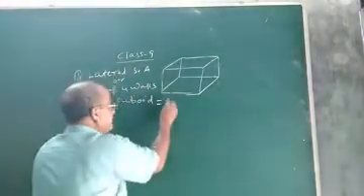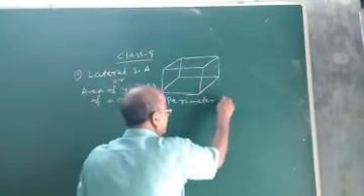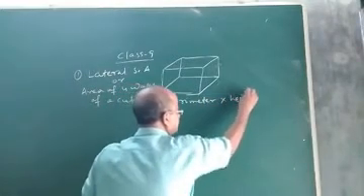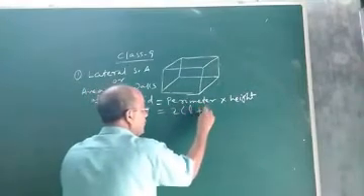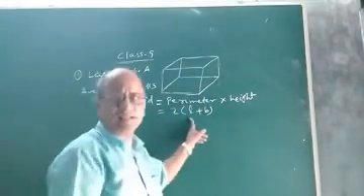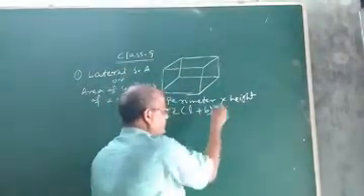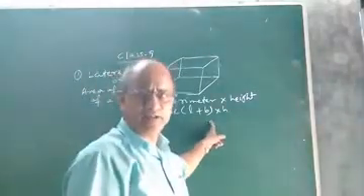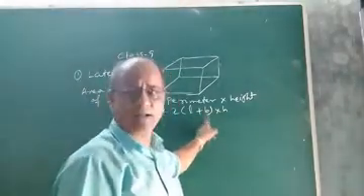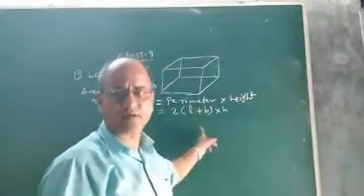That means the formula is perimeter into height. Now in place of perimeter we write 2 into (L plus B), where L is the length and B is the breadth of the cuboid, and H is the height. So 2 into (L plus B) into H. This will be the formula to find the lateral surface area, or the area of four walls of the cuboid.